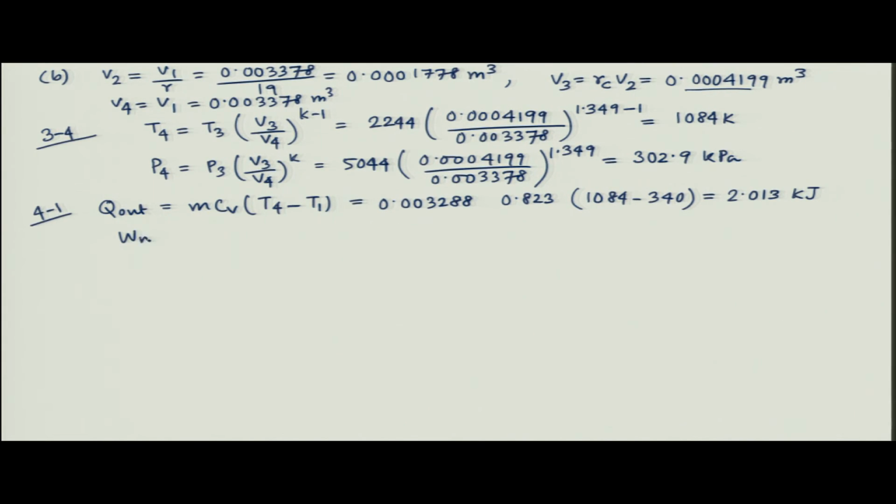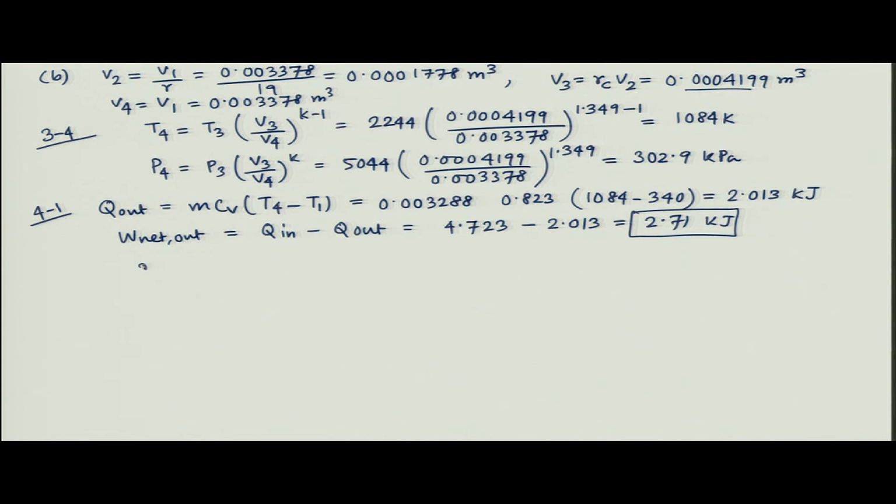Now, net work output is nothing but Q in minus Q out. We already wrote Q in is 4.723 kilojoule and Q out is 2.013 kilojoules. So the answer is 2.71 kilojoule. That is the net work output.